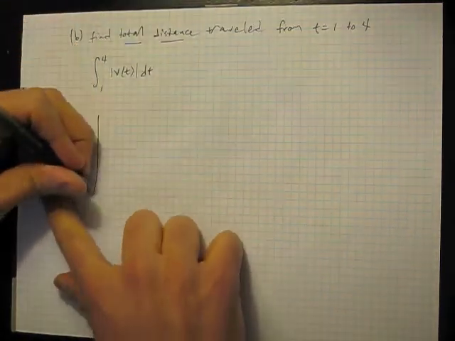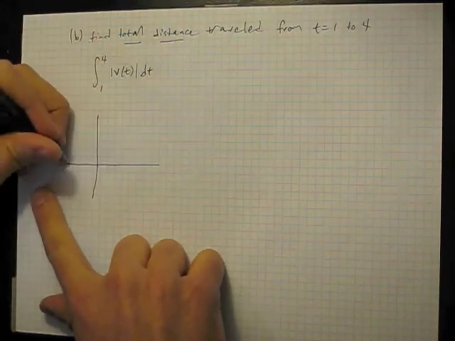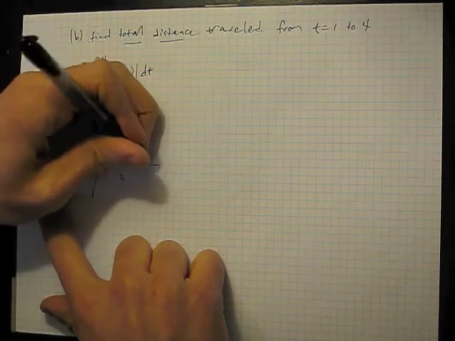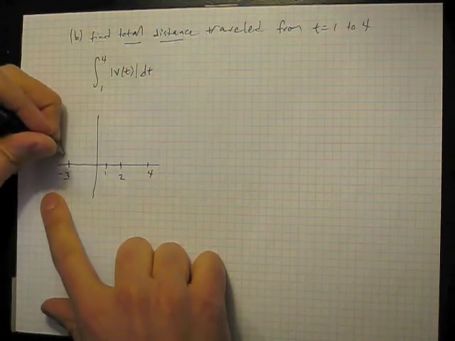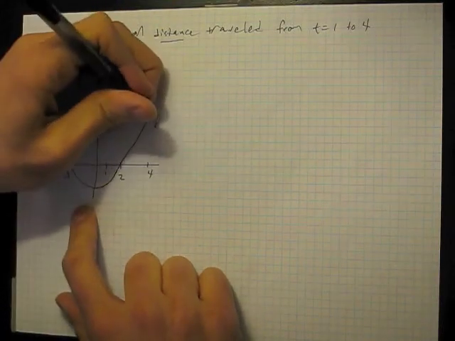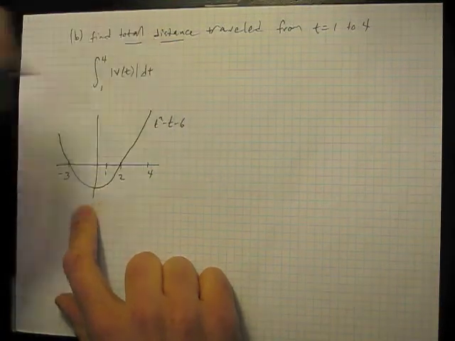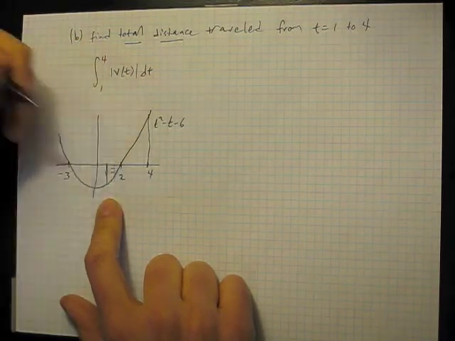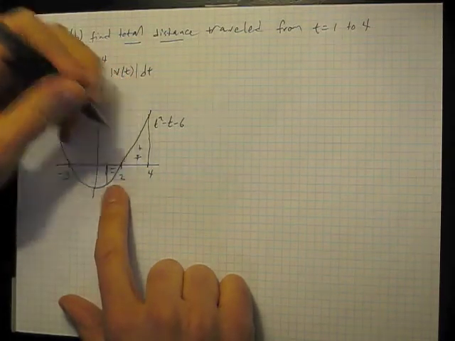Now if we take a look at the graph of t squared minus t minus 6, it looks like this. So notice it's negative here and positive here.